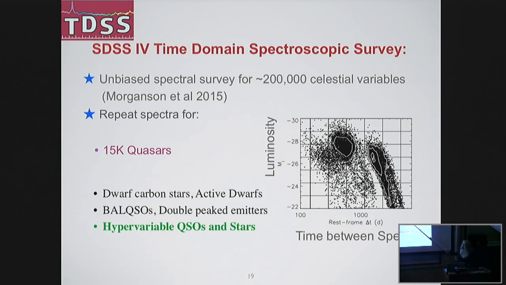And this spans timescales long enough to sample a few dynamical timescales of the broad line region. So we can see if that is interesting at all. And I guess that's it.